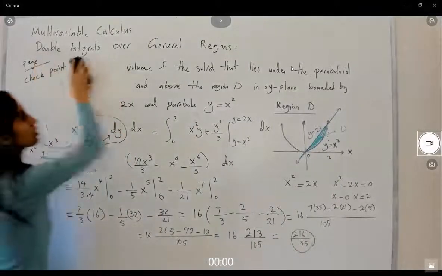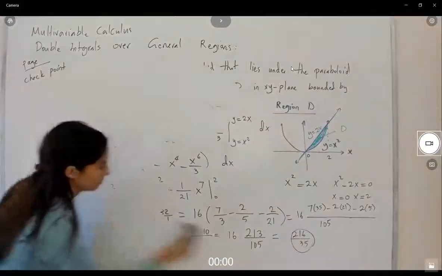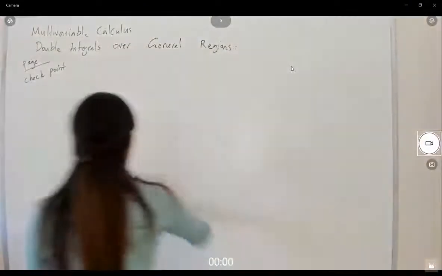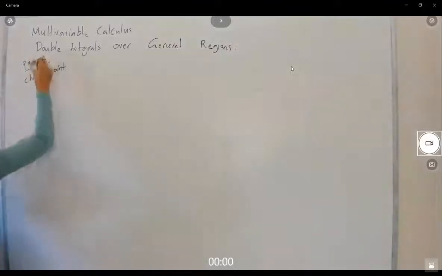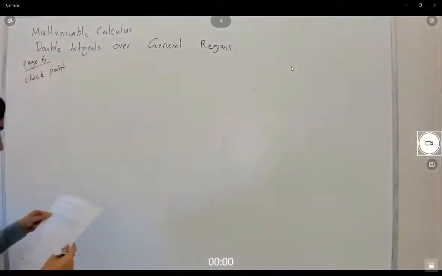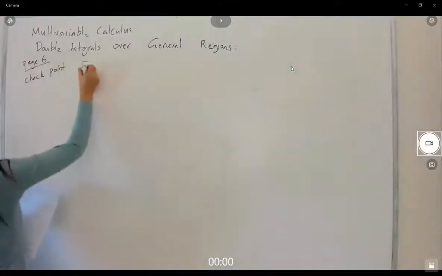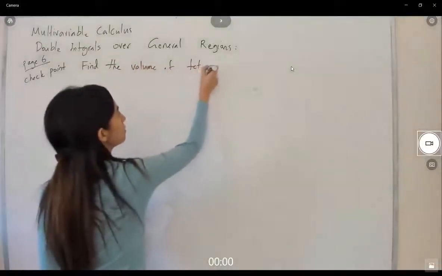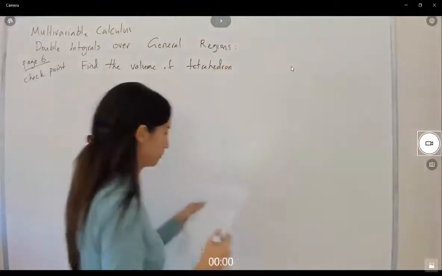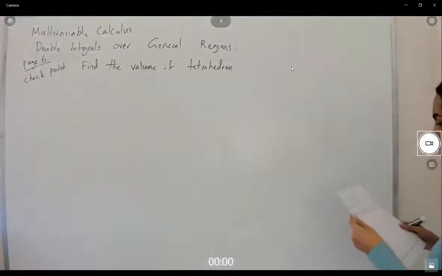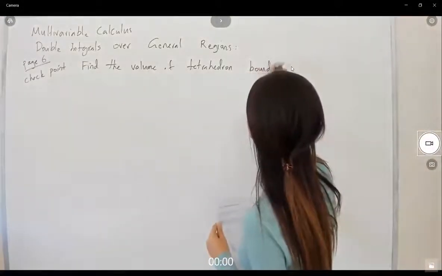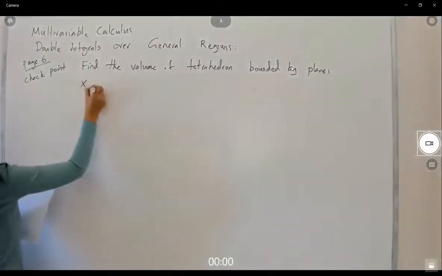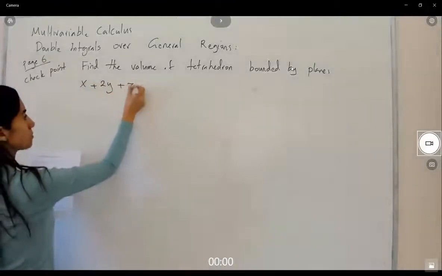Let's go to page 6, another checkpoint for you. Page 6 says, find the volume of the tetrahedron bounded by planes x plus 2y plus z equals 2.